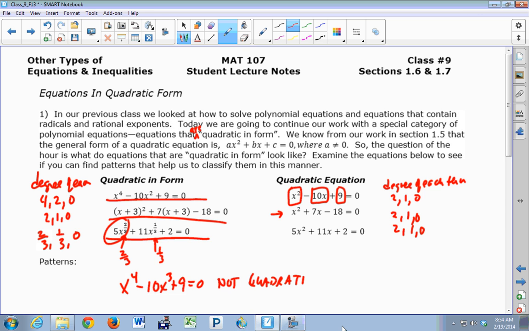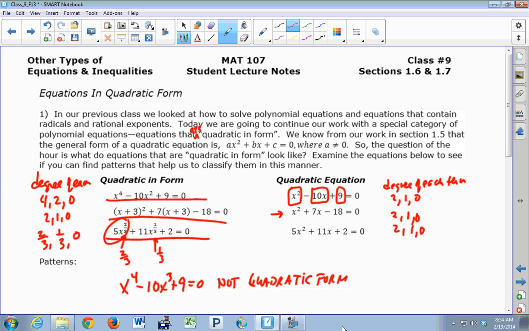So there's another key idea here that makes these quadratic in form, and it has something to do with the relationship between the degrees of your exponents. They're multiples of 2, 1, and 0, exactly.